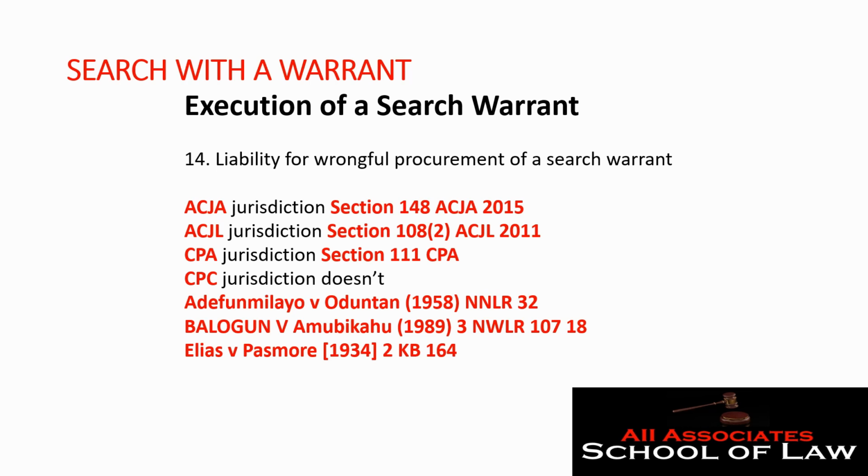While in Balogun versus Amubikaho, a 1983 case, which was actually a land dispute, the appellant made a false accusation that the respondent sent a woman to eliminate him. In the course of their pre-trial investigations, the woman was arrested.